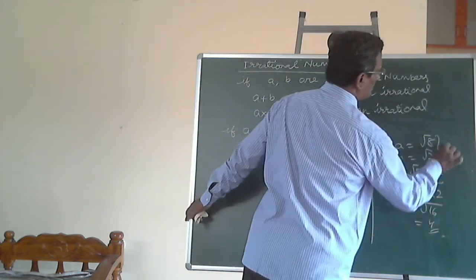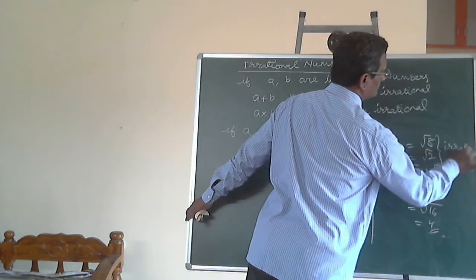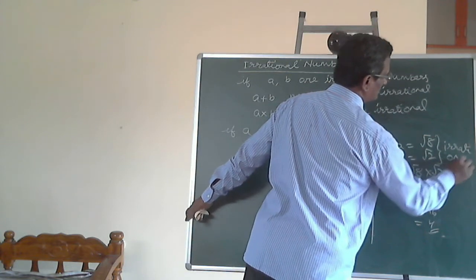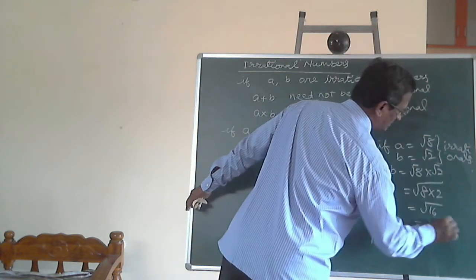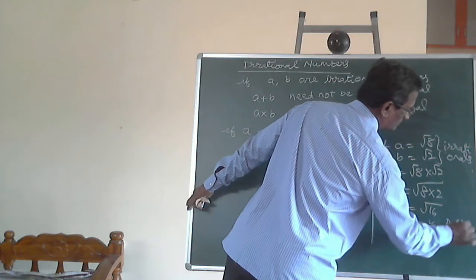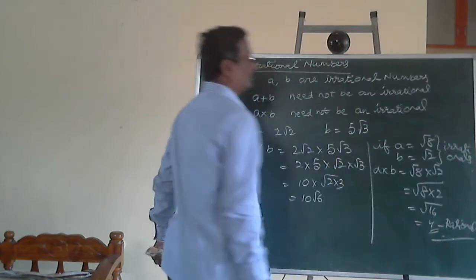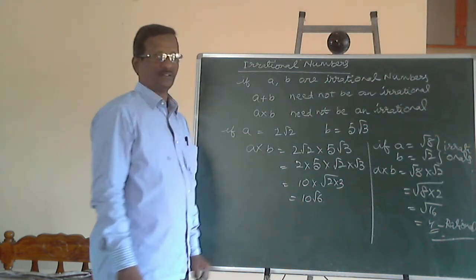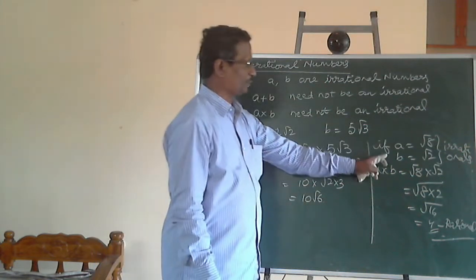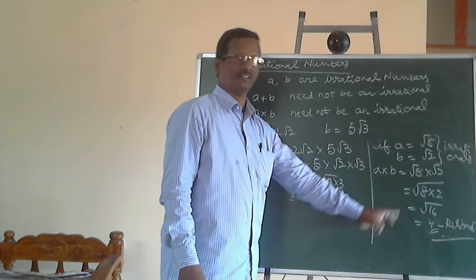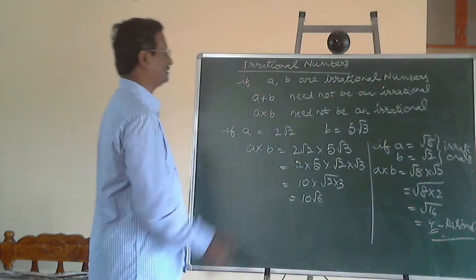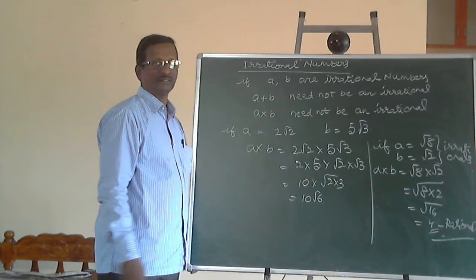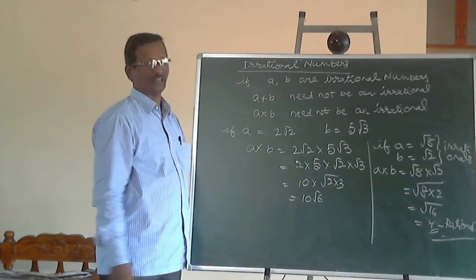These two are irrationals, but this is rational. The product of two irrationals is irrational in one example, and the product of two irrationals is rational in another. Means the product of two irrationals need not be an irrational.